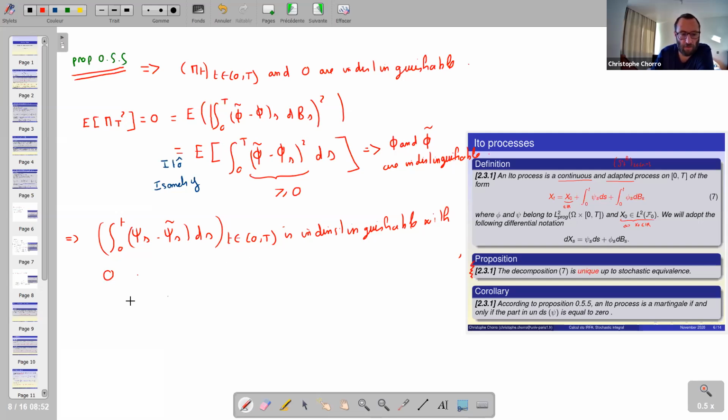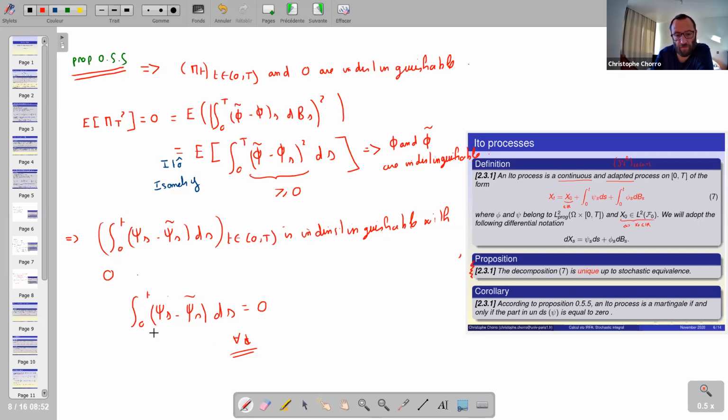So in particular, you have the integral between 0 and t of phi of s minus phi of s tilde ds equal to 0, for any t. And here you have a Riemann integral.